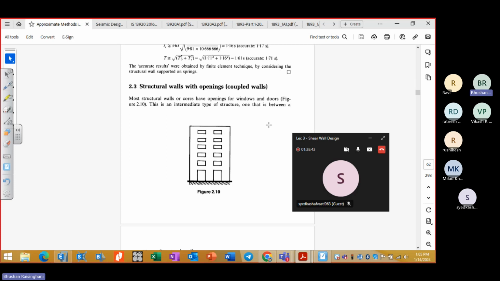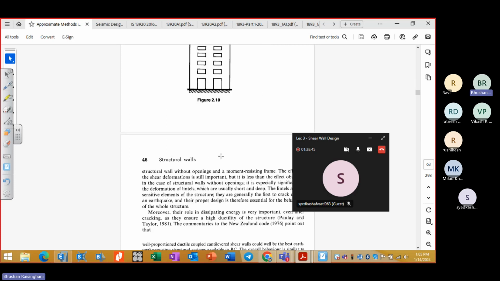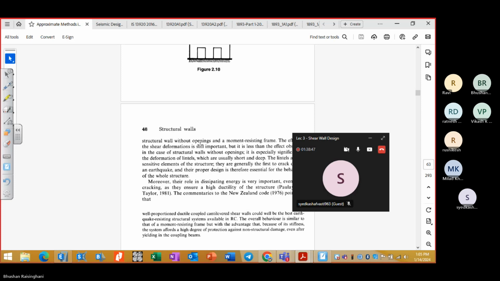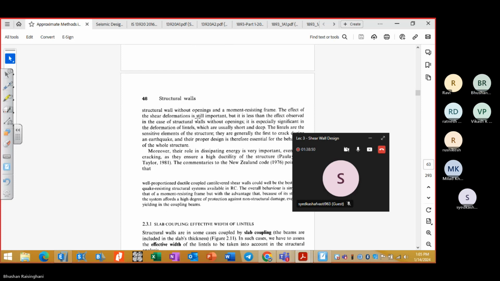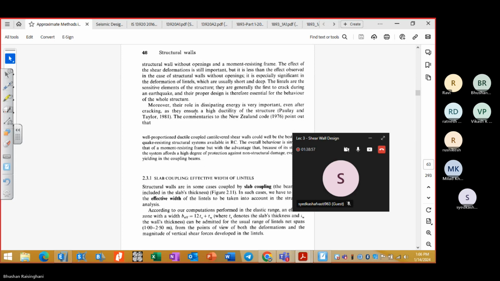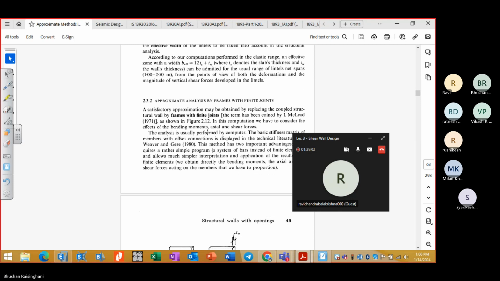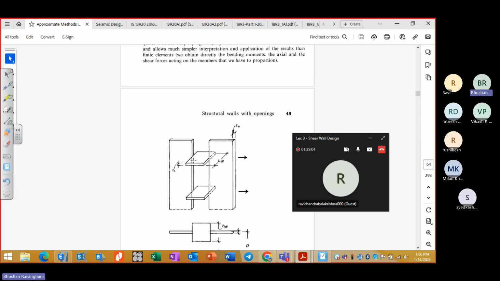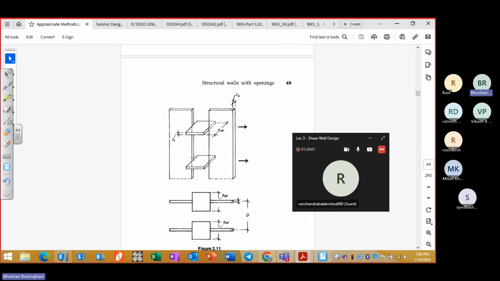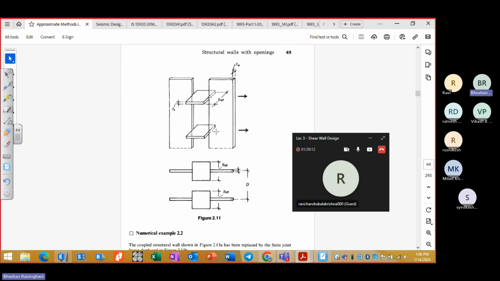So see, this is the basic arrangement, that your beam has been considered like this, and also the floor.